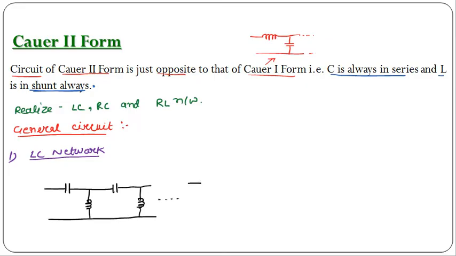And this is nth capacitor and this is nth inductor. This will be C1, this is C2, and this is Cn, this is L1, this is L2 and this is Ln. This is the general circuit for LC network in Cauer second form.